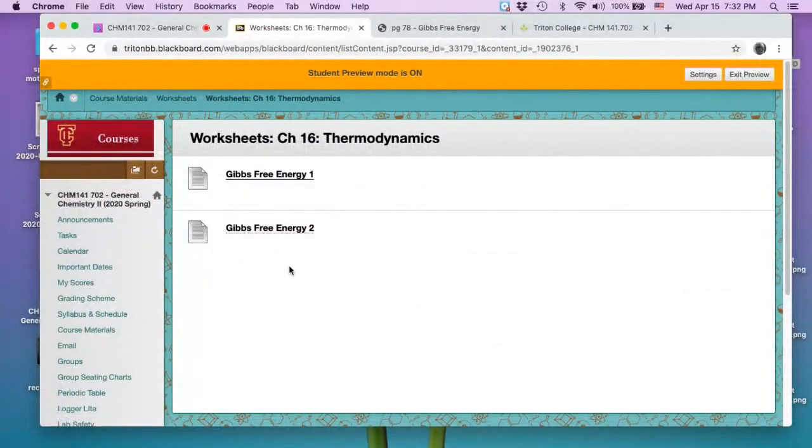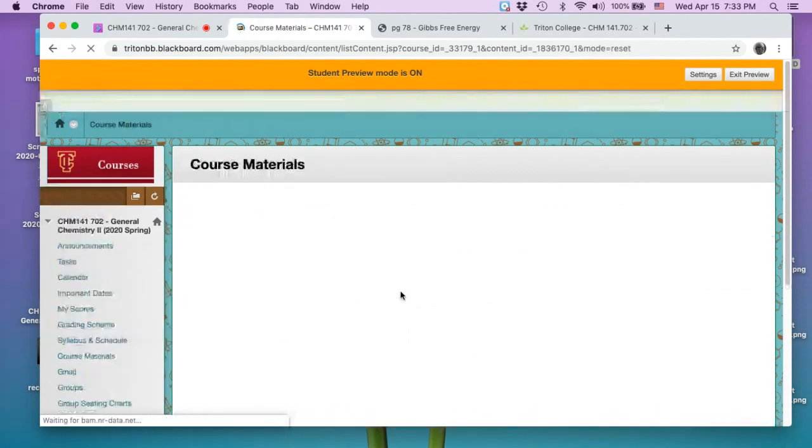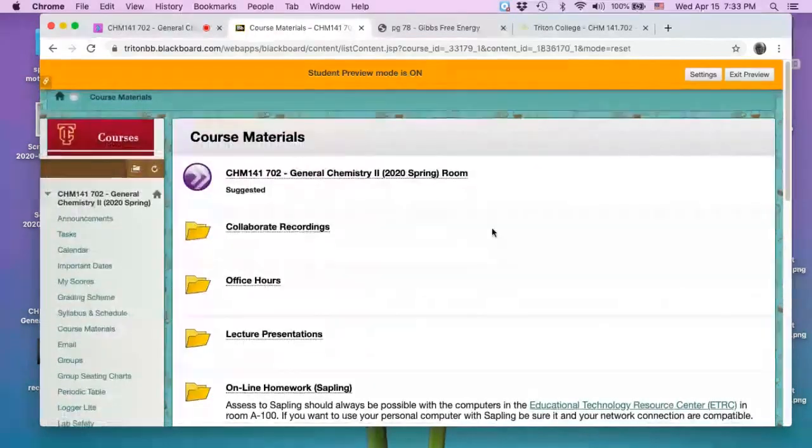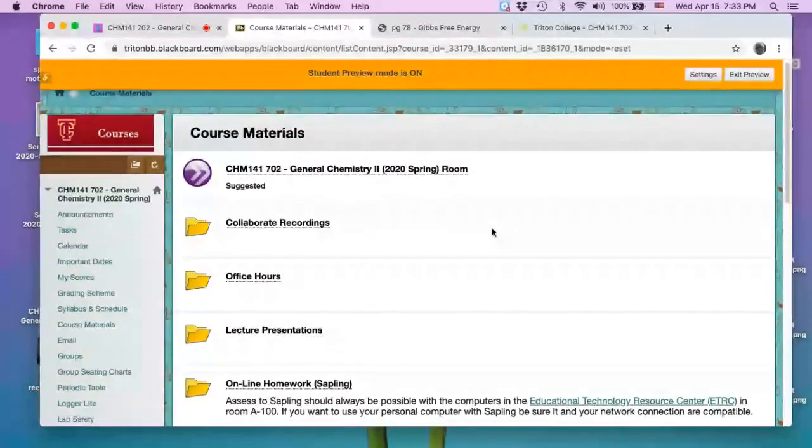So again, the actual worksheet that you're needing is this Gibbs Free Energy 2. So, you go to course materials, look at worksheets, click on chapter 16, thermodynamics, and then click on Gibbs Free Energy number 2. Sorry about that. But the other thing that you're going to probably need is that last slide of the PowerPoint.